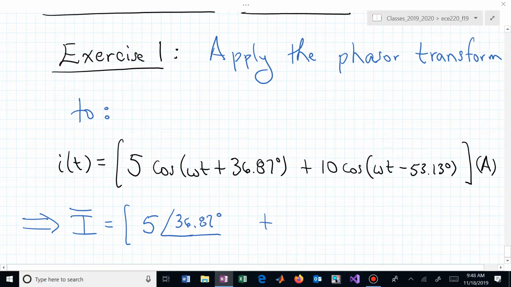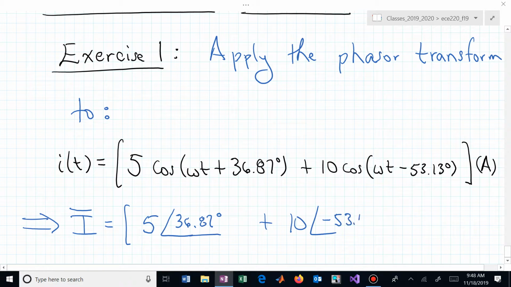What flags didn't go up immediately? I'm not worrying about signs, am I? If I had a sine sitting in there, I would have to make sure and convert that to a cosine before I immediately put it into magnitude angle form. I can just put the next one into its magnitude angle.